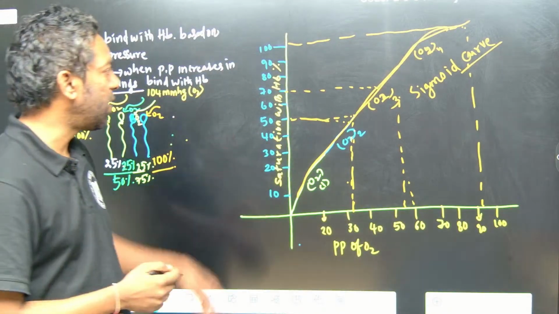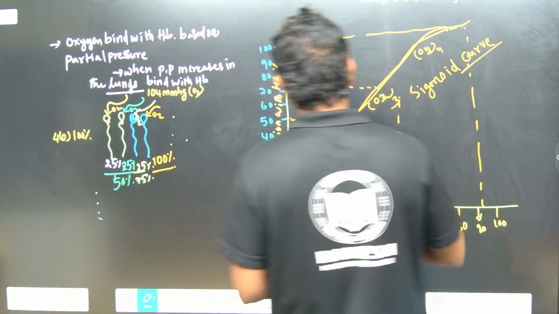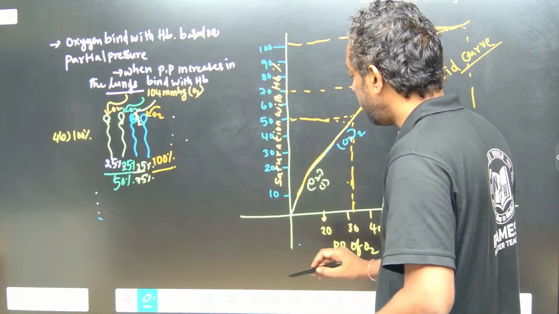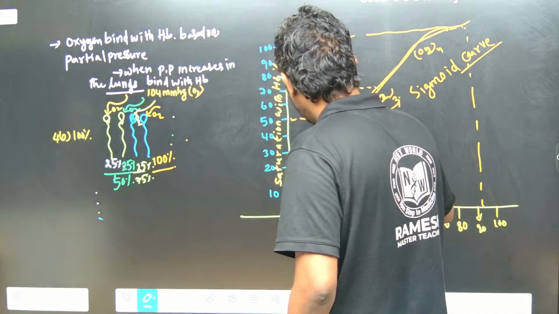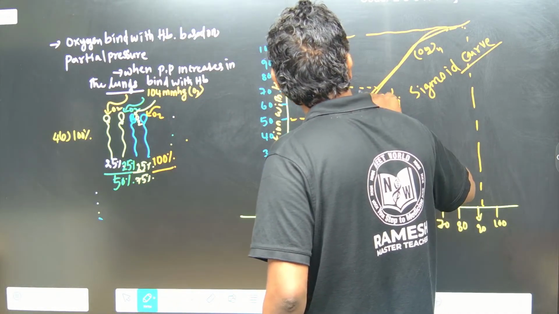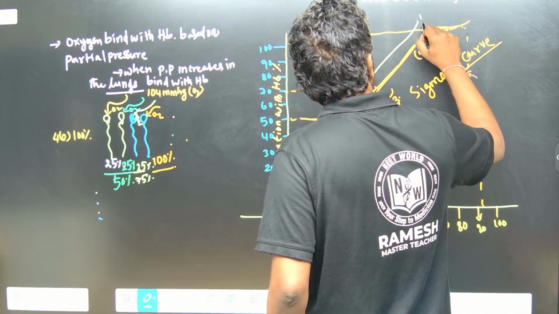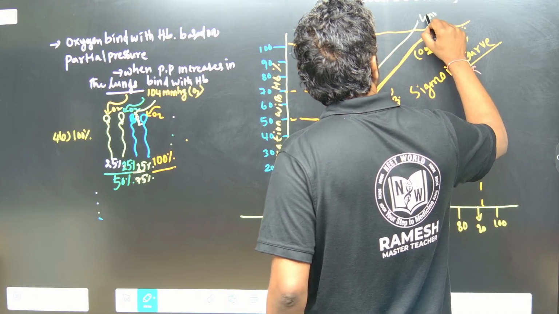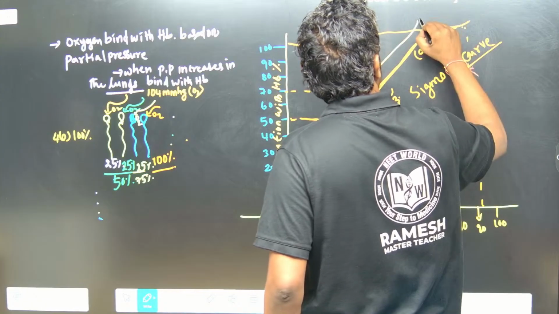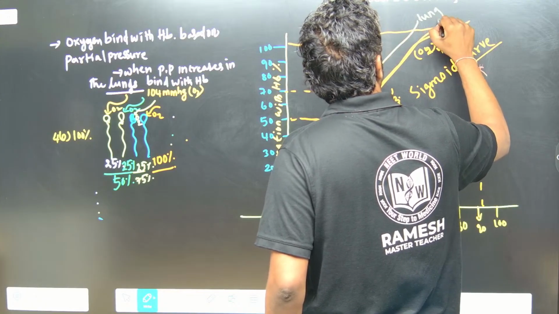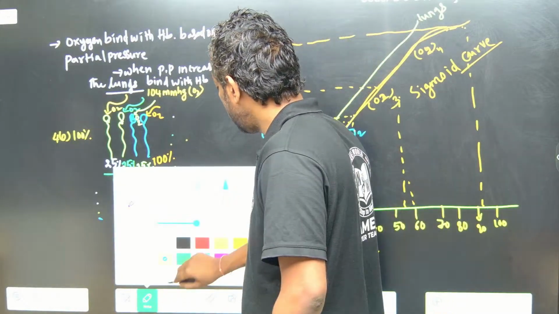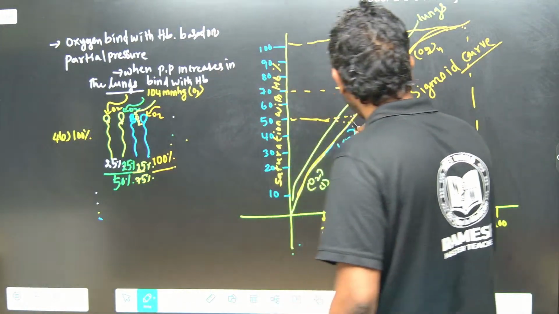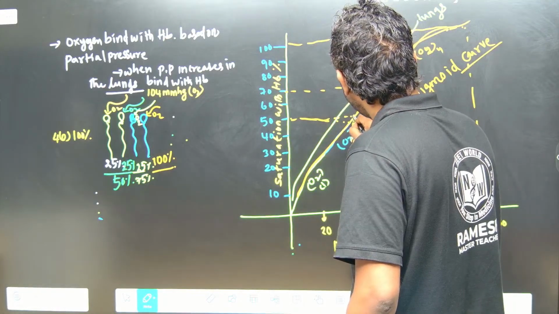This is at the lungs, this is natural. If more partial pressure is created in the lungs, there is a left shift, meaning more partial pressure creates more oxygen attachment.